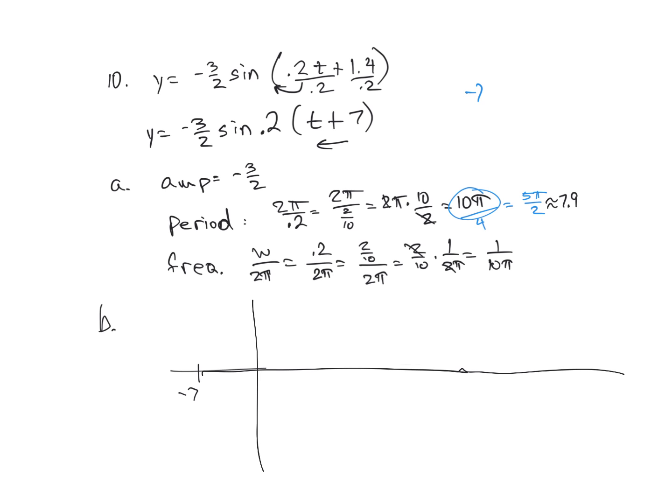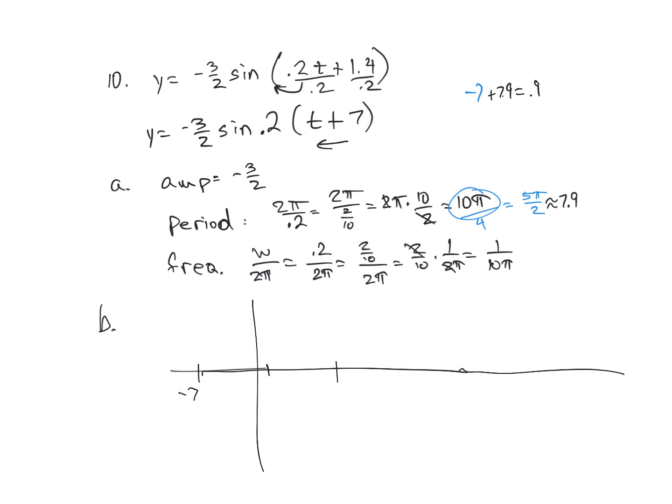So -7, remember we have to add the period divided by 4 to our starting point. So plus 7.9 gives us a positive 0.9 for our next point, and then equal increments after that. So the first point is just past the y-axis.